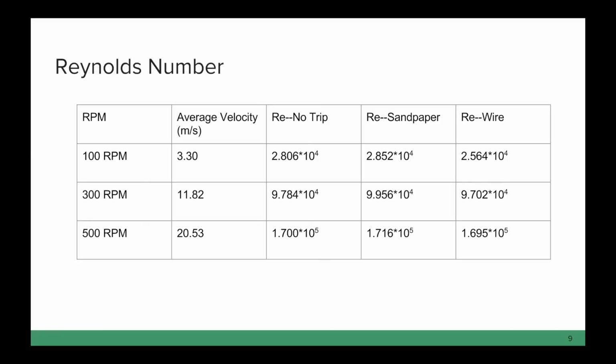However, as seen on the table, there are some variations in these values. This is because the velocities for each of the runs were not identical as they should be, so the Reynolds number calculated for each run was done using its specific velocity only. This contributed to some error when the data was analyzed. There is no practical way to get Reynolds number to be exactly the same, therefore an average velocity had to be chosen for each speed.